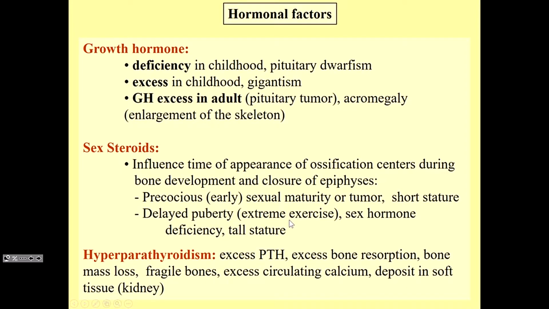So who knows whether that happened as a child, but what happens is if they're exercising extremely, they have a delayed puberty, they grow taller, which works out well if you're a long distance runner, and that's what happens with delayed puberty.